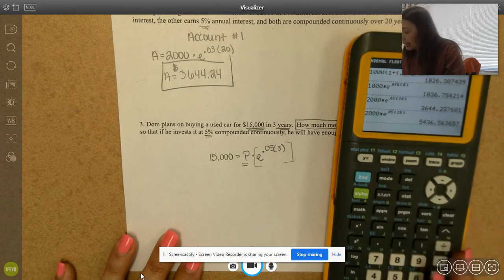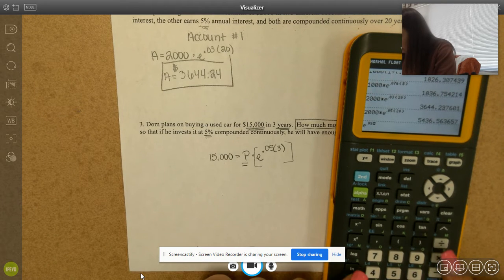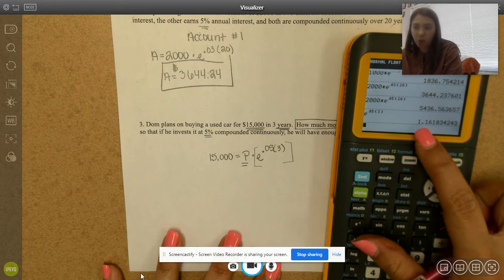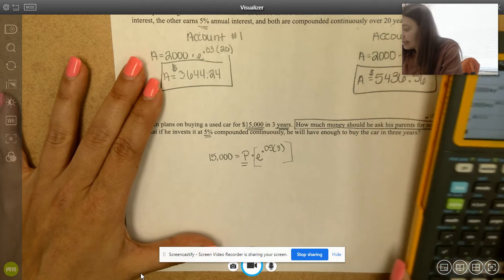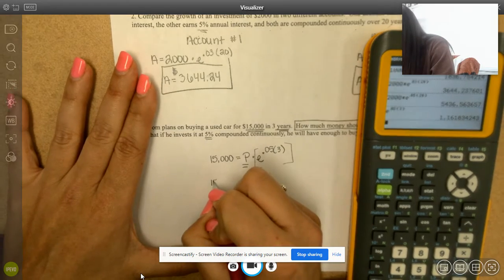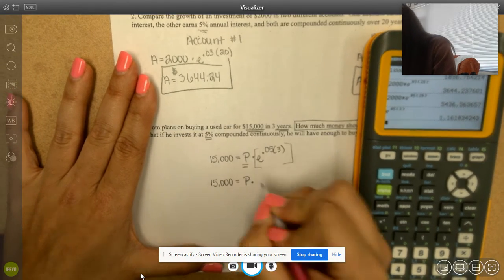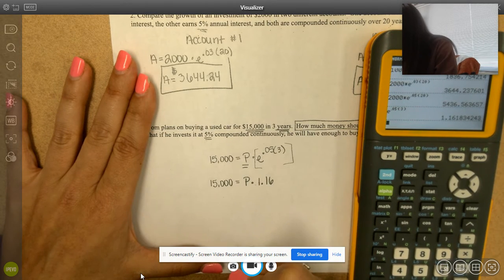When we focus on e raised to the 0.05 times 3 power, we get this value of 1.1618. And we can probably round to the nearest hundredth because we're talking about money here. So we know that $15,000 is equal to P times this value right here, 1.16.